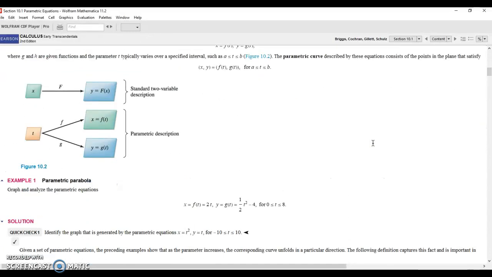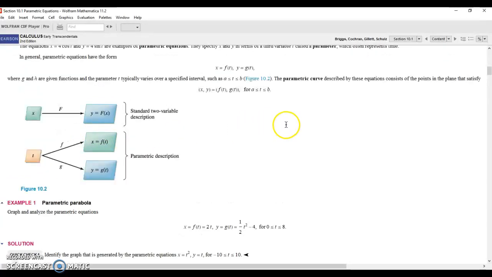Okay, so basically what we have going on right now is our standard 2-variable description where we have a function f and y is given as f of x. What we're going to do now is introduce a third variable that's a parameter t. We're going to define a curve by 2 different equations: x is f of t and y is g of t.